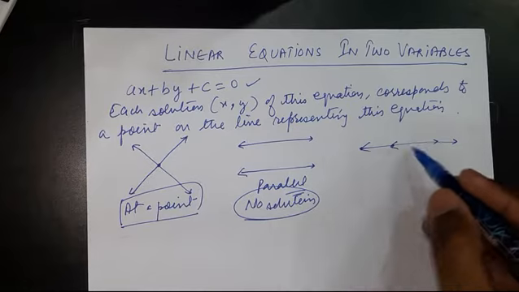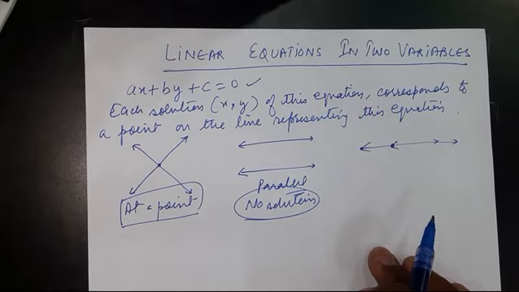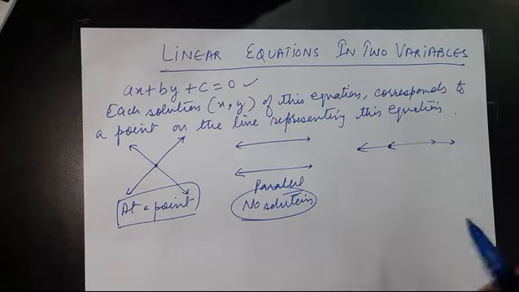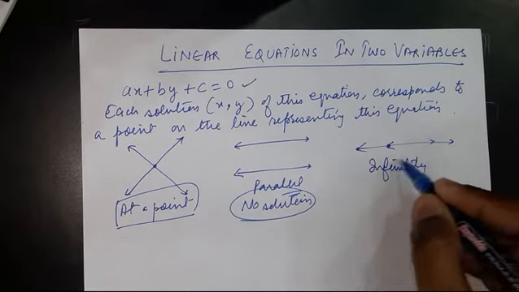Similarly, if these two lines are coinciding with each other, as you can see here, in that sense the equations have infinitely many solutions. So here the case will be of infinitely many solutions.